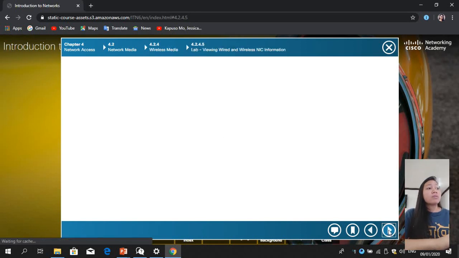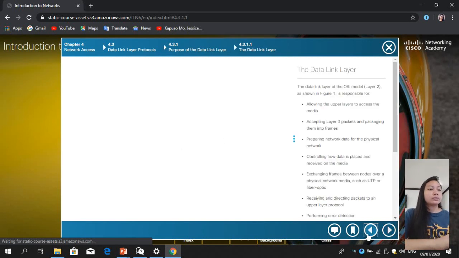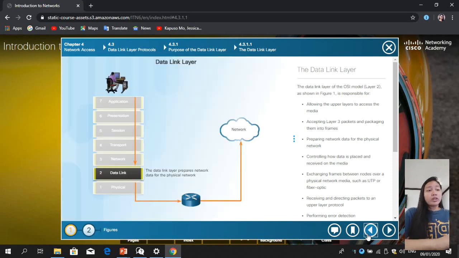Also, we study the data link layer. The data link layer prepares network data for the physical network.